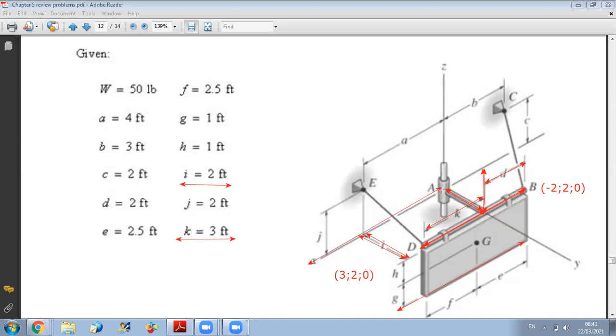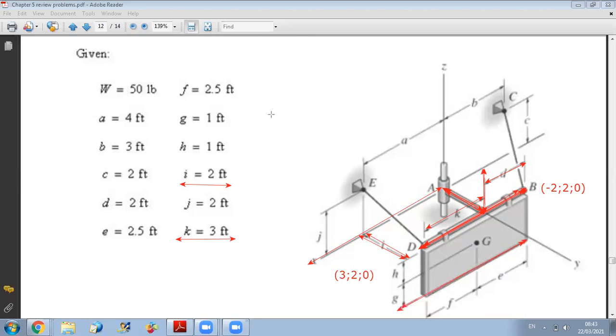If you follow your structure, this rod is along the y-axis, so it is along z equals 0. And you go perpendicular to it along the same plane, so also z equals 0. So these two are in plane xy. The bottom line of the plate is below the xy plane.